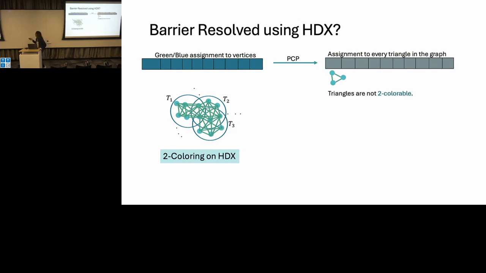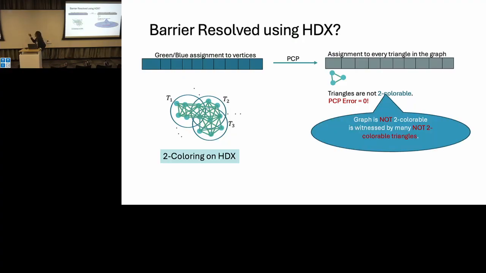So the PCP error in this case will be 0. It looks like these graphs that are not two colorable is witnessed by many local neighborhoods in the graph. So it seems like they have these stronger local to global properties.